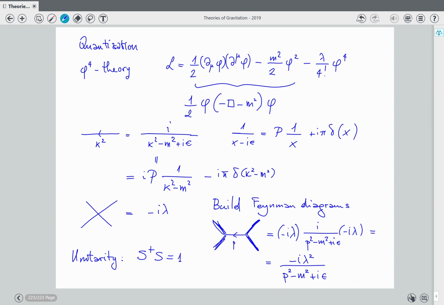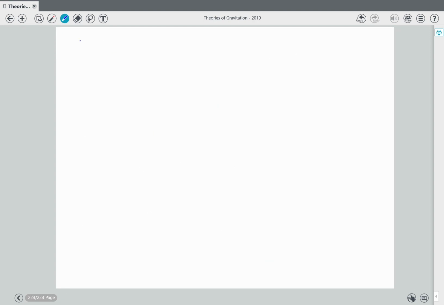So they are called amputated Feynman diagrams. What would you get if you put propagators on the external legs? That's a non-amputated.